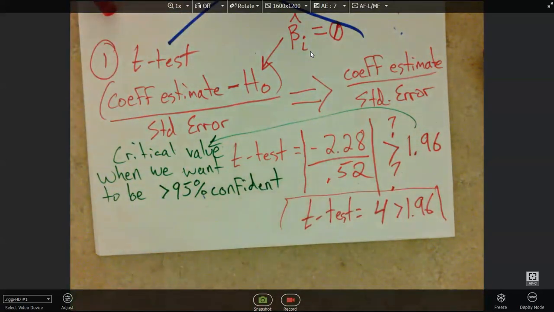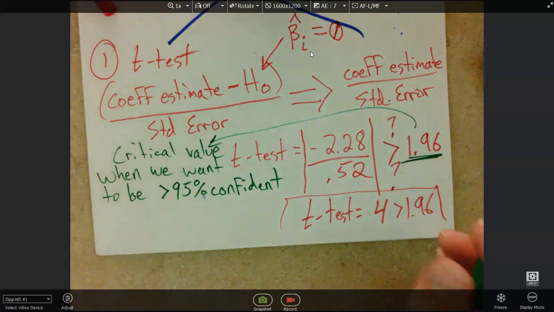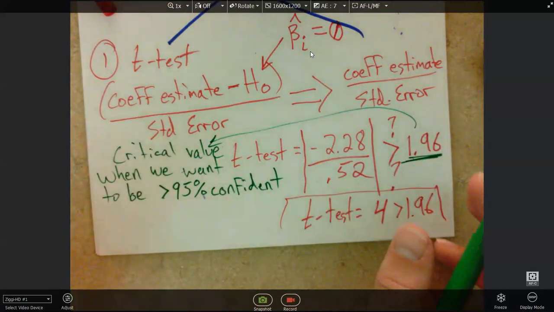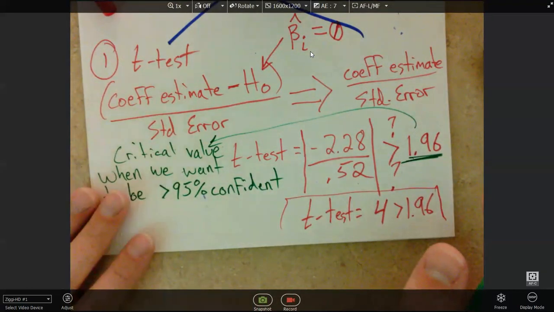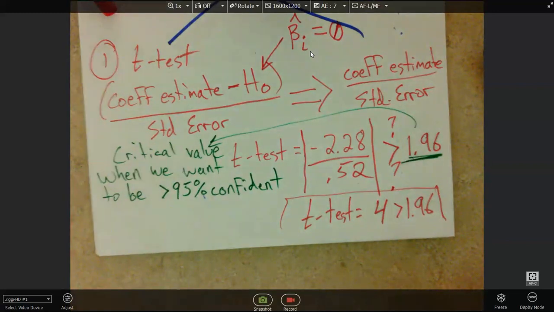Yes, I'll give it to you in the problem. It's the default one though. 99% of the time you'll use this one. Very rarely it'll be 2.58 for 99%, and then it might be 1.65 for 90%. But those are the only three critical values that you'll need to know in this class, probably any class that is quantitative.